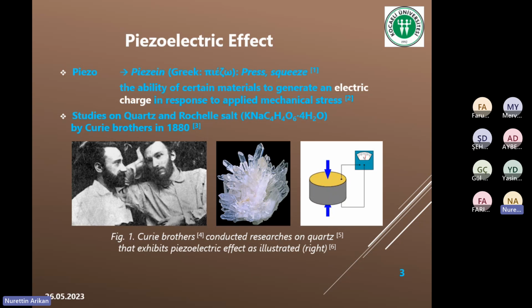But the best-known study about the piezoelectric effect was done by the Curie brothers, performed on quartz and Rochelle salt. And as you see here in the animation, after mechanical stress on the material, it will generate an electric charge.